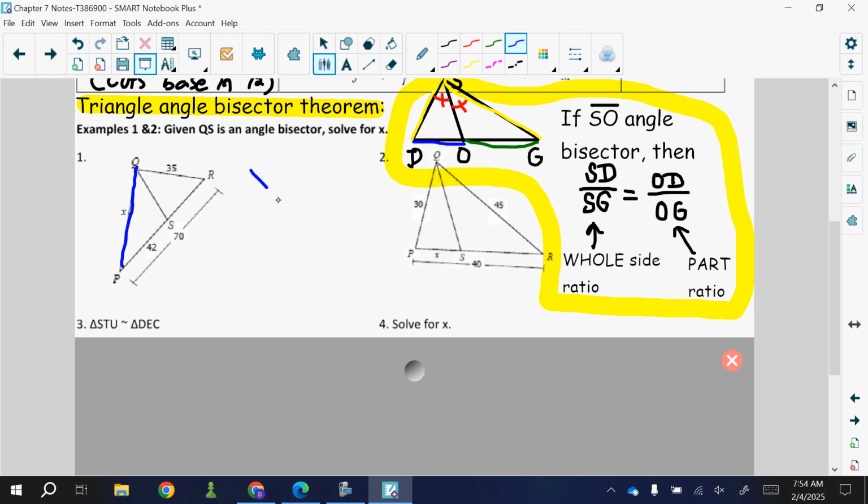Whole X over your other whole, 35, equals part over part. I put X in the numerator on this fraction, and it's on the left-hand side, so I need to put the left-hand part on the same side. Then they gave us a somewhat tedious step here: this whole side is 70, this part's 42, so this part is 70 minus 42, which is 28.